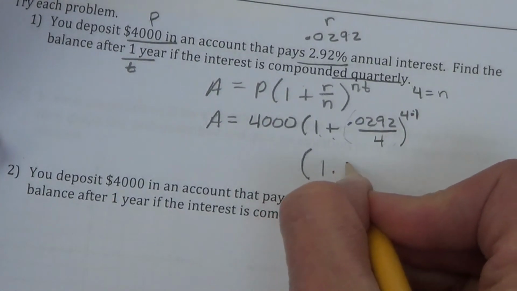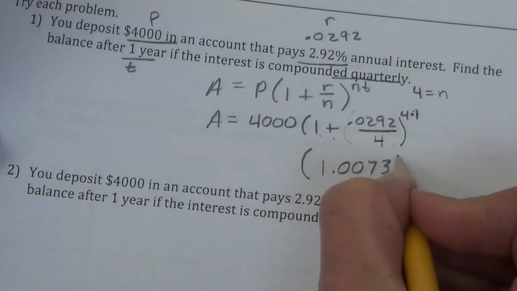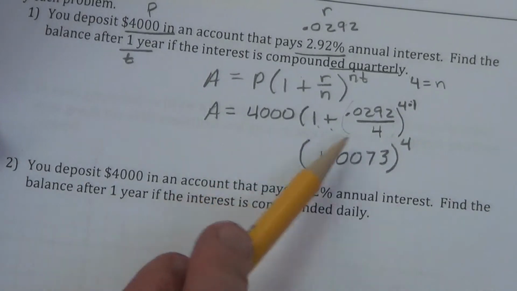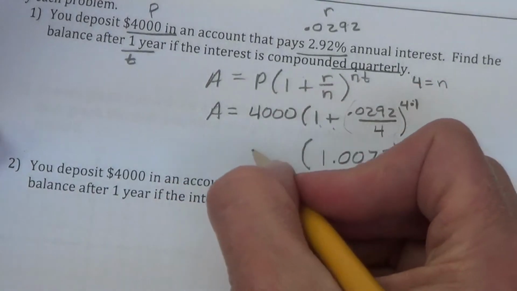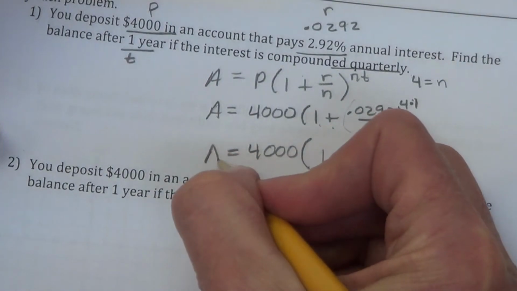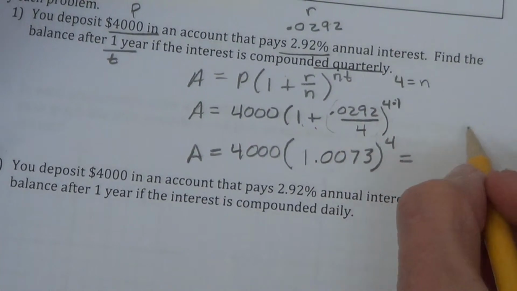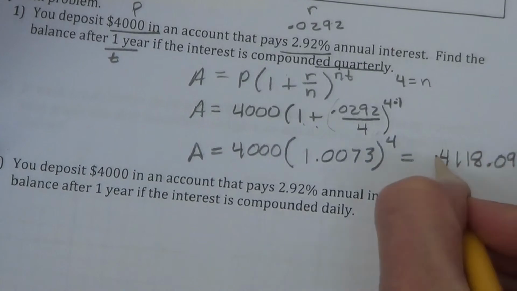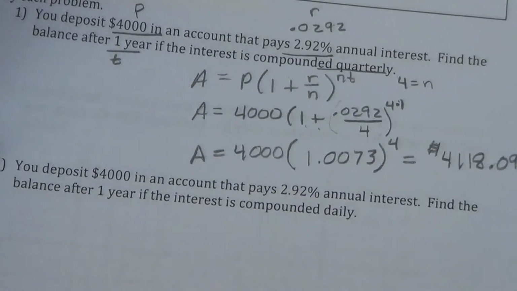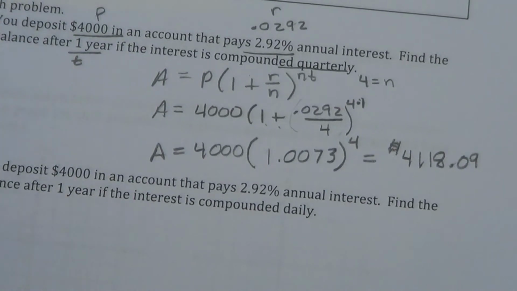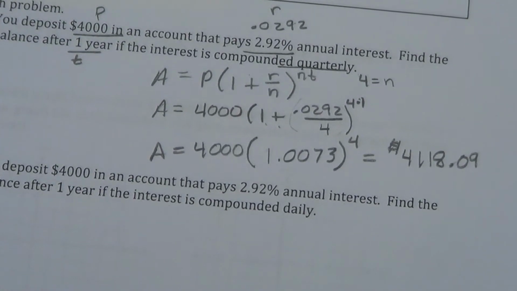That answer is 1.0073 raised to the 4th. Now, it's fine to put it in there as an entire string, but sometimes I see students make errors on that. So double check your calculating and make sure that you come out with this answer, $4,118.09. I did have to round that off. Okay, so make sure that you get the right answer. Practice with your calculator for just a minute and see if you can get that.